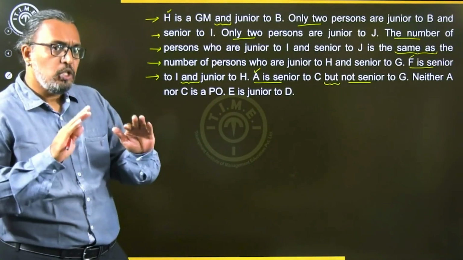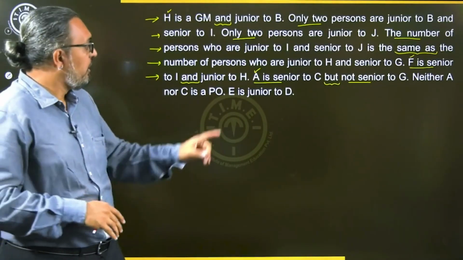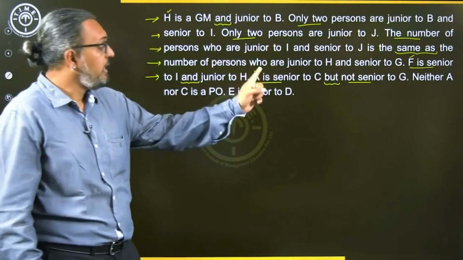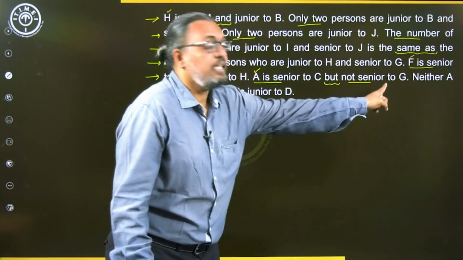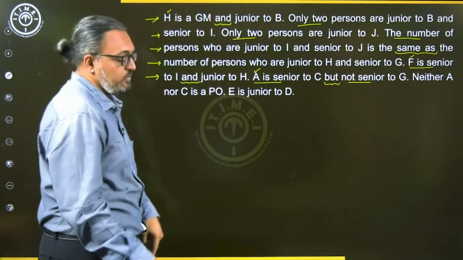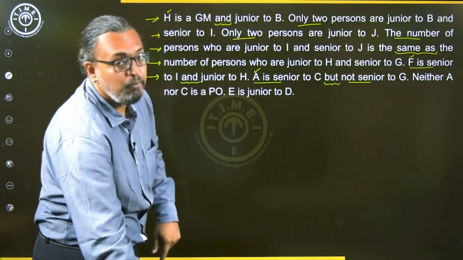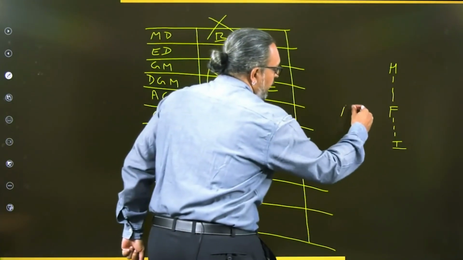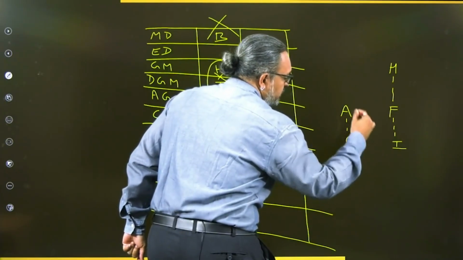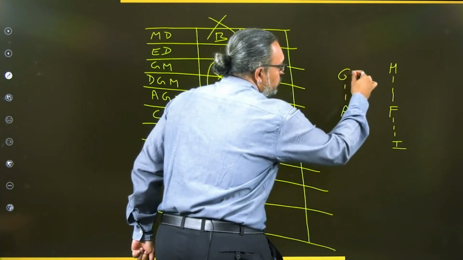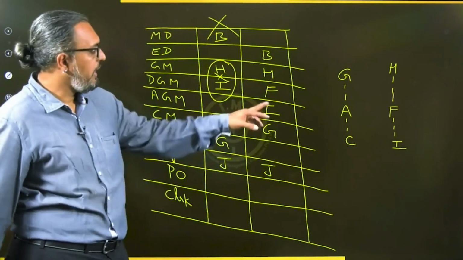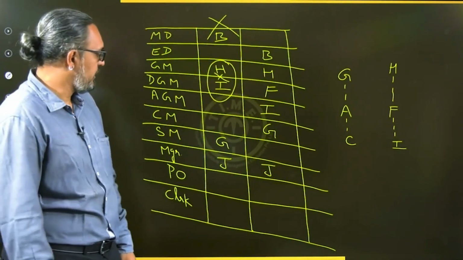So, if it is not senior, it has to be junior. So, A is senior to C but junior to G. A should be above C and below G. So, A has to be somewhere in between G and C.